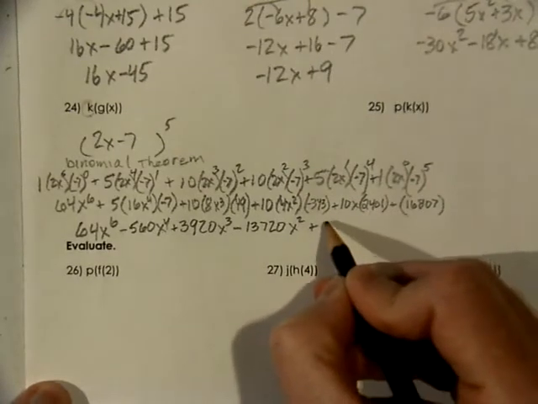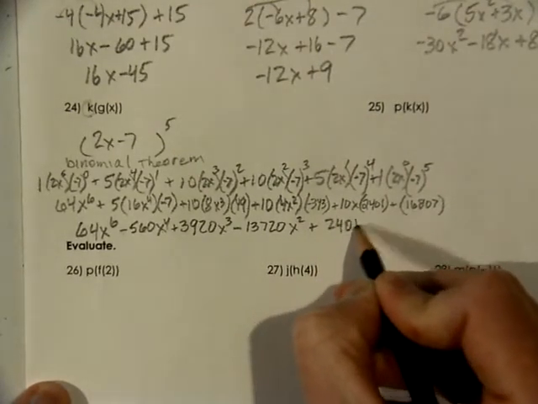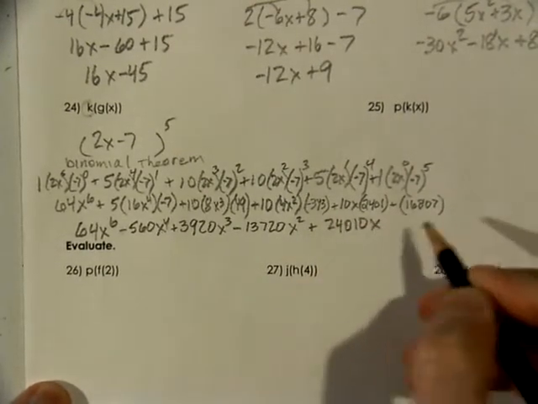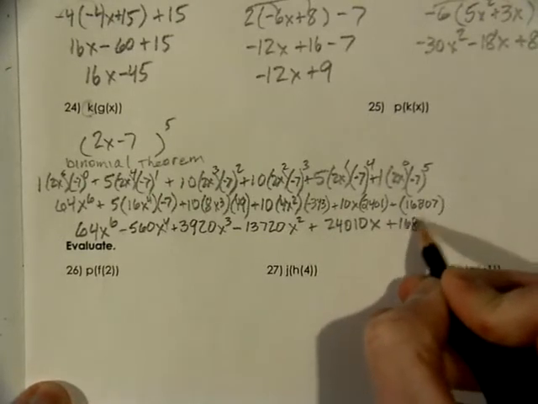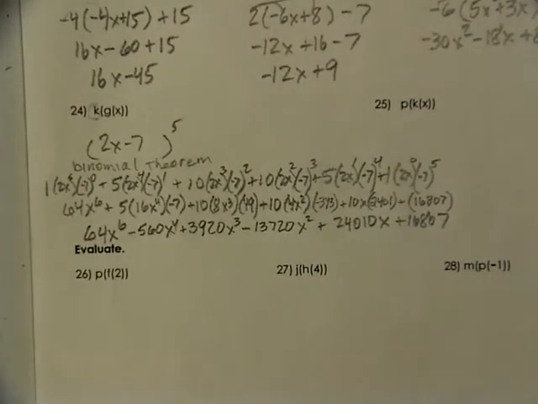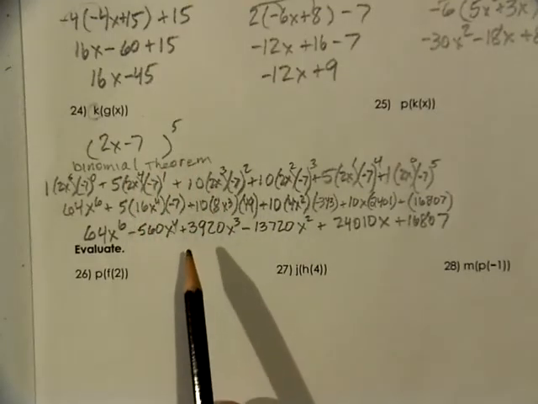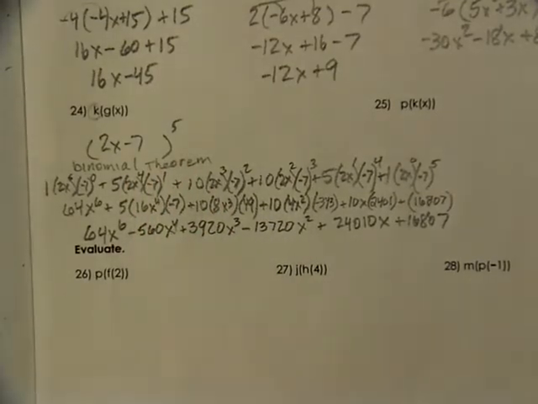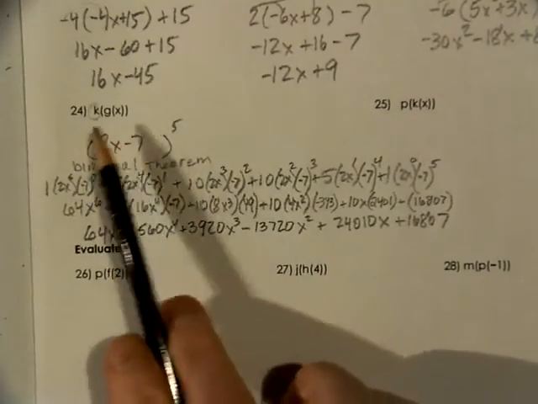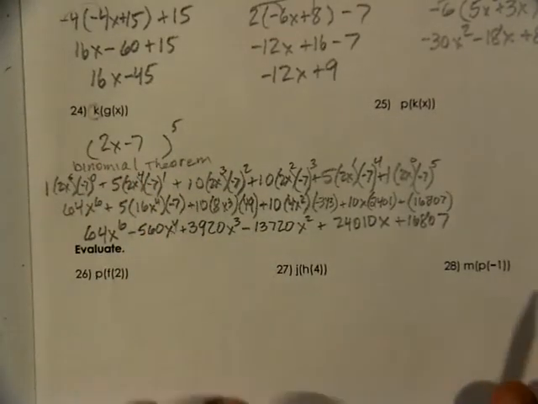This is 10 times. That's an extra 0. And then it's just 16807. So without the binomial theorem, this would be insane. You would not be expected to solve this without the use of the binomial theorem.